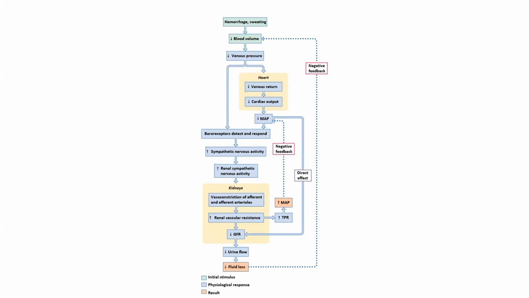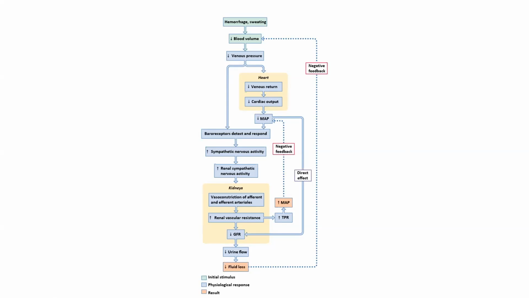Now, what happens when mean arterial pressure drops? This triggers baroreceptors to detect this drop in mean arterial pressure, and they are going to respond by increasing sympathetic nervous activity, right? This is something that you should have talked about in the cardiovascular system, right? This baroreceptor, this stretch receptor response. So as the pressure drops, there's less of the stretch that's coming across these mechanoreceptors, these baroreceptors.